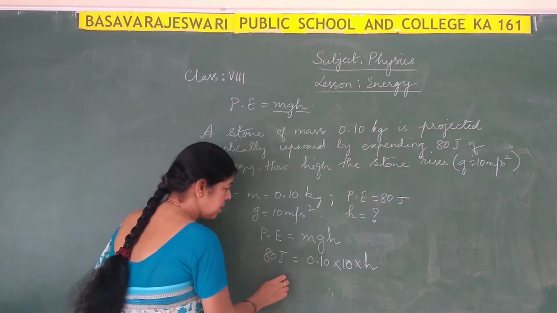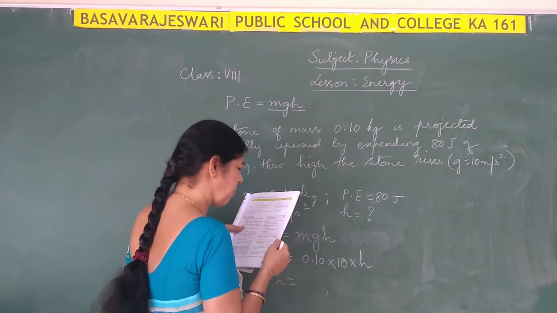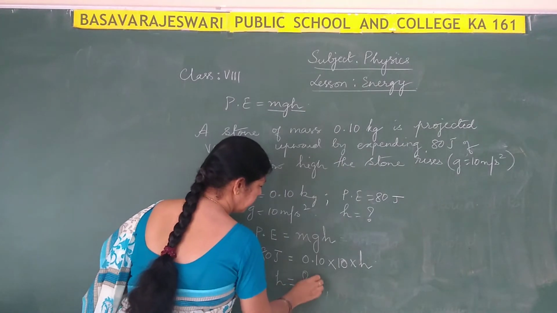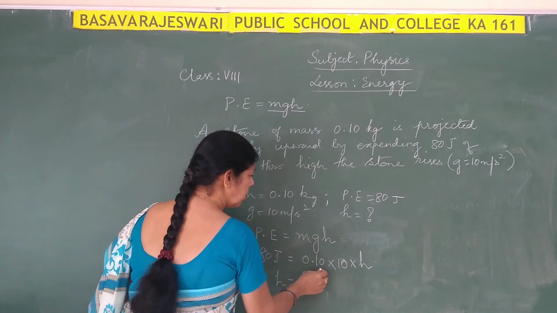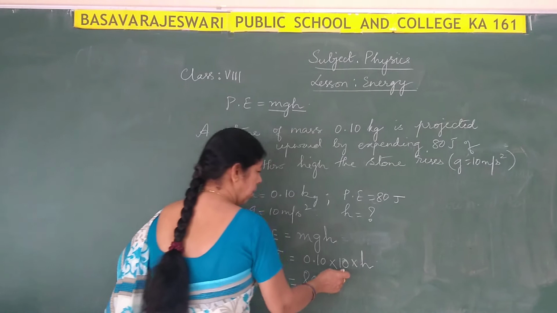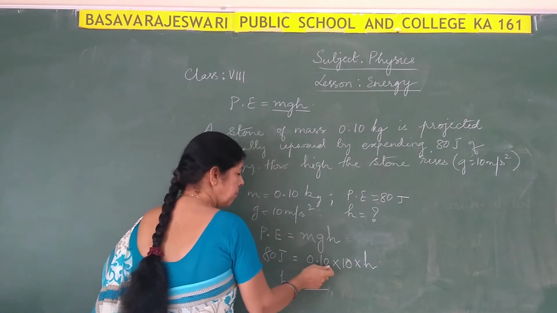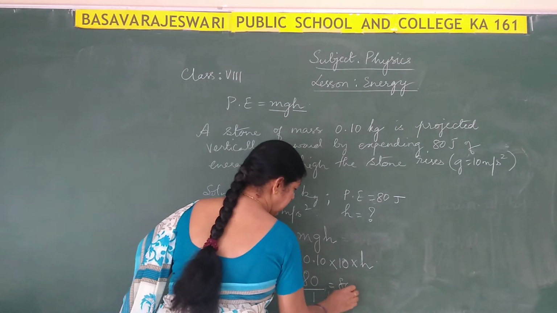Now h is equal to how much here? 80 joules divided by 10 into 0.1. 10 times 0.1 is 1. So h is equal to 80.